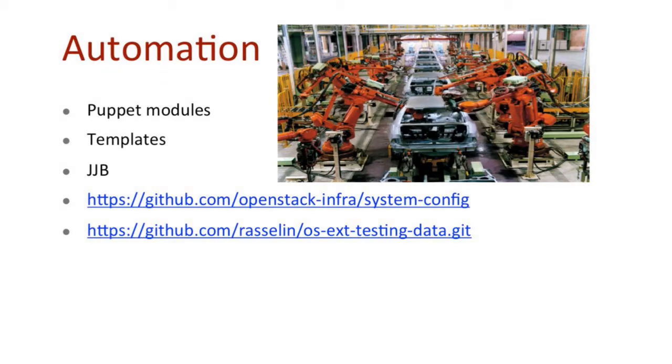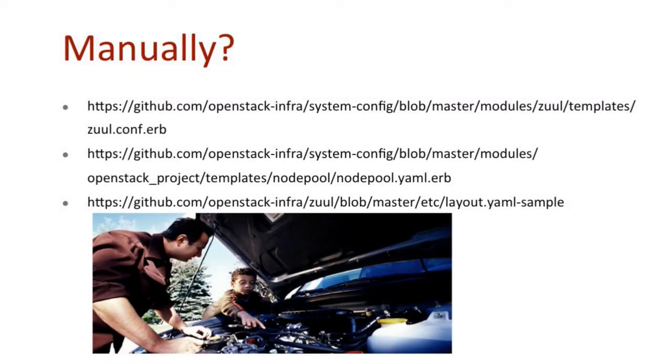And we have those automation scripts already written by the infrastructure team, including the Puppet modules, the job configuration templates, and Jenkins Job Builder to generate the job configurations. Also, you can do everything manually, because initially I did everything manually, because I wanted to understand their whole infrastructure, and I didn't want to be kept in the dark.